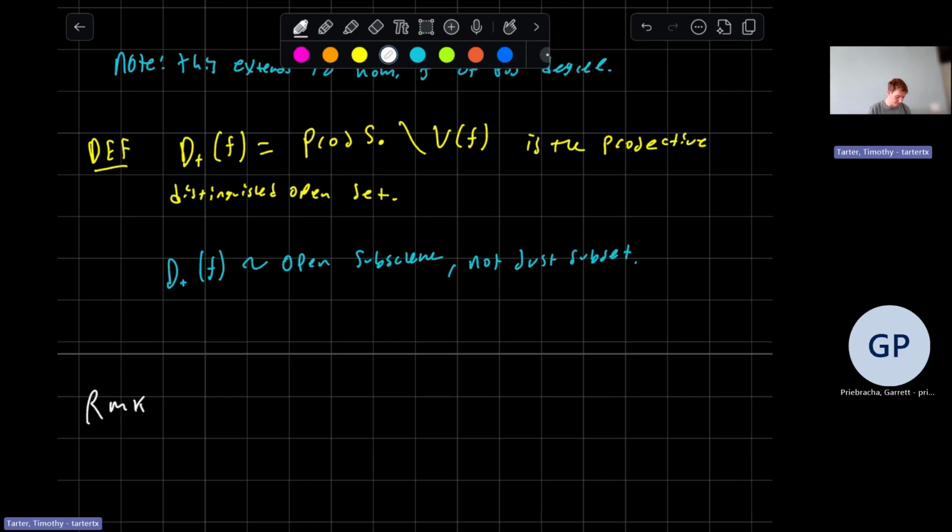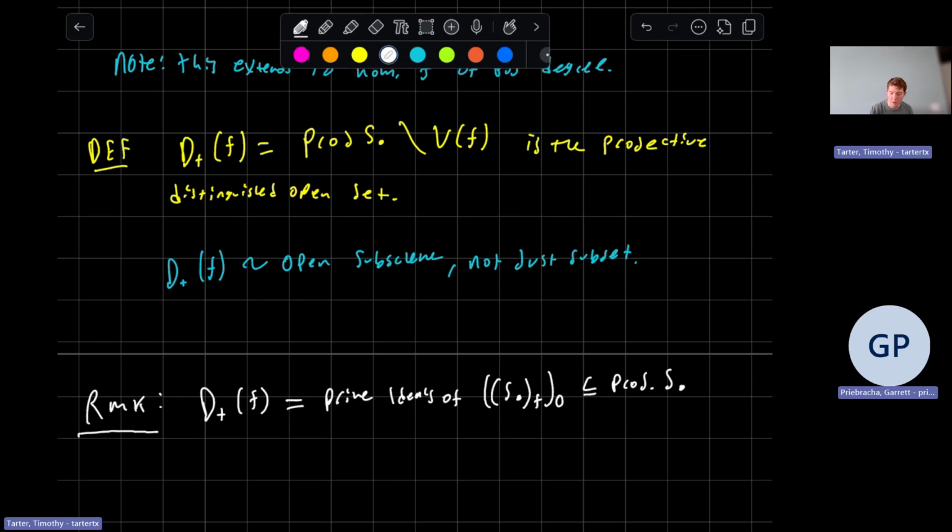It's technically an exercise, but D plus F corresponds to prime ideals of the zero-graded ring that is a subset of Proj, localized at F.